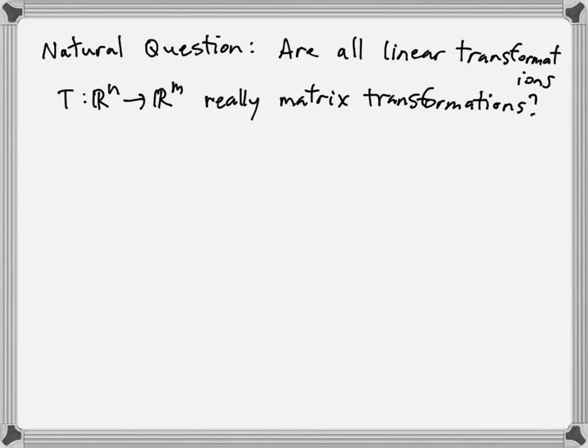Are they all that? The answer is yes. And this is why it's important: this means any time that you transform from Rn to Rm, it's really just left multiplication by a matrix.